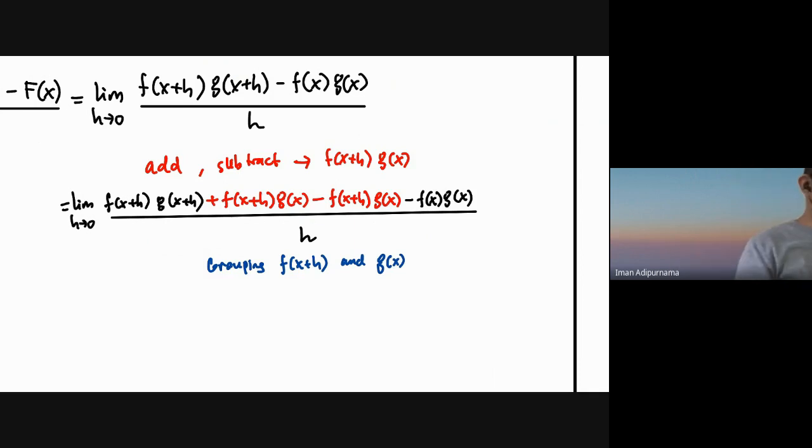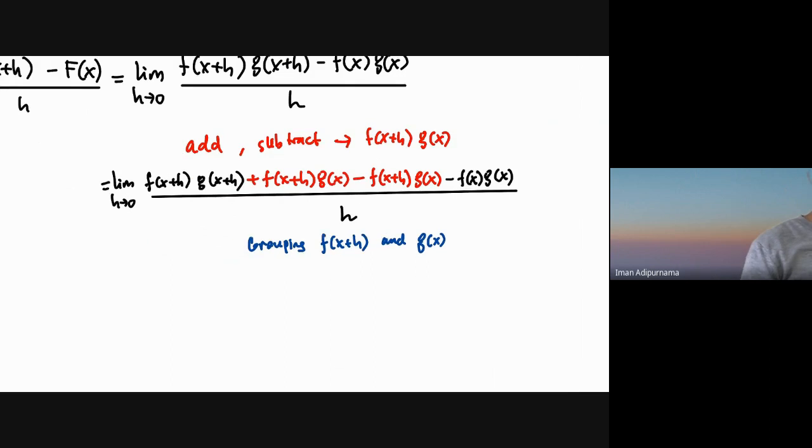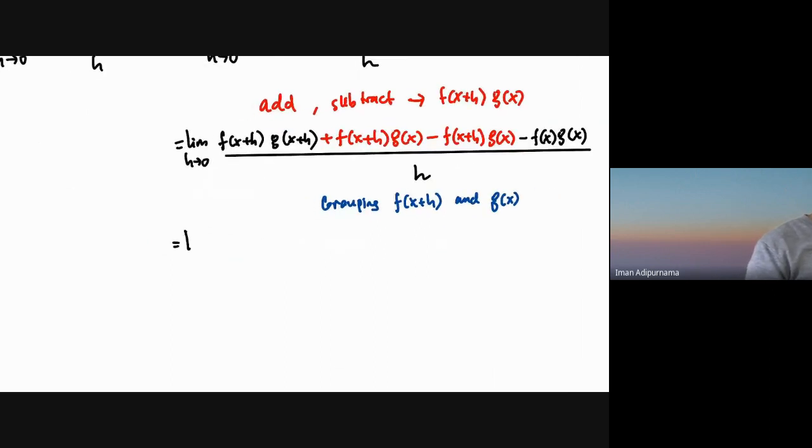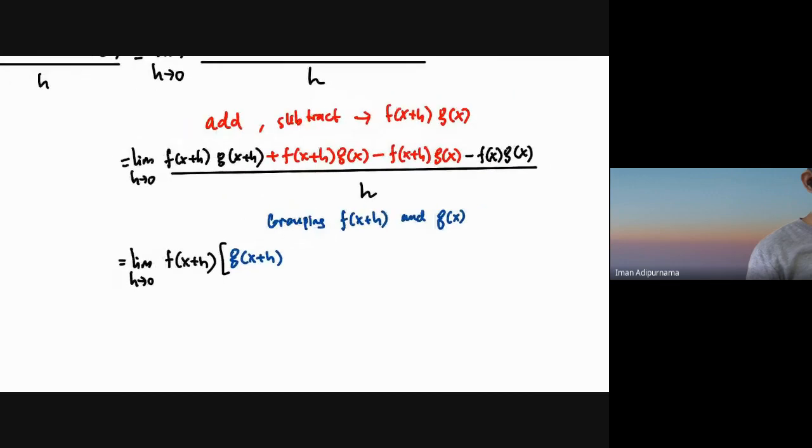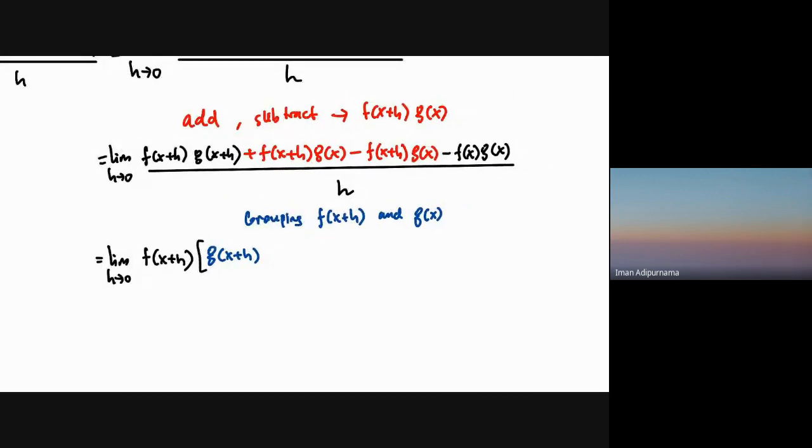So let's write our factorizations. So limit h goes to 0. And let me write this is f of x plus h. Oh sorry, this should be with this minus, right, and this should be with this, okay, the group.